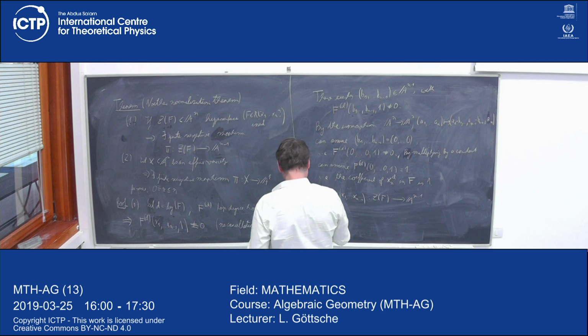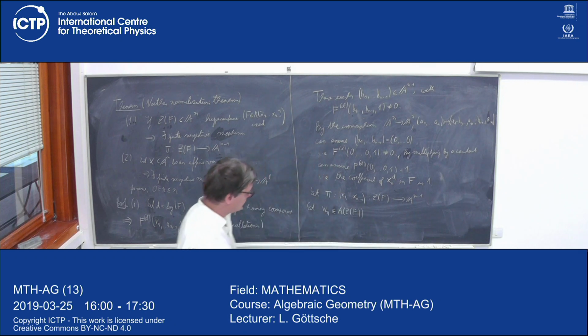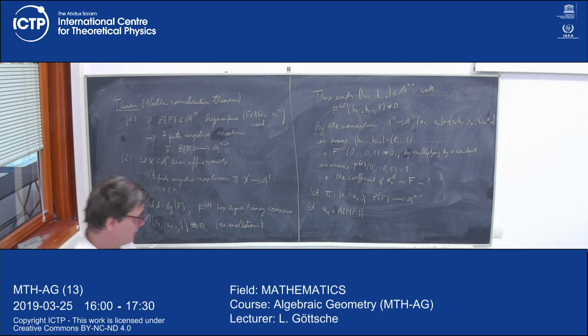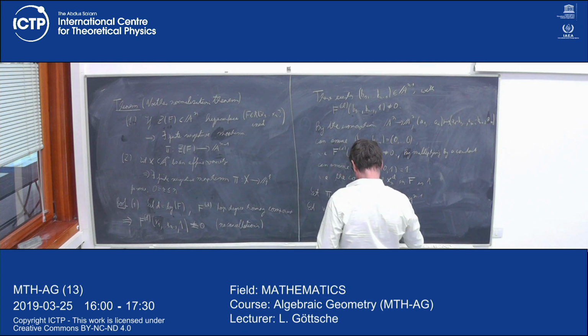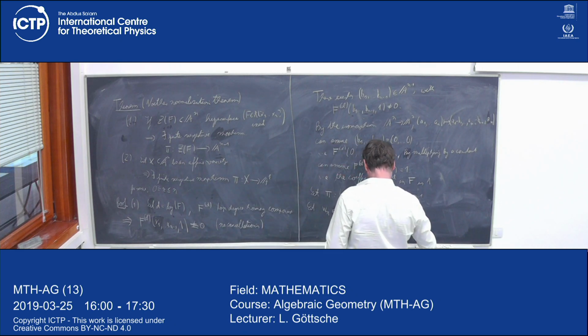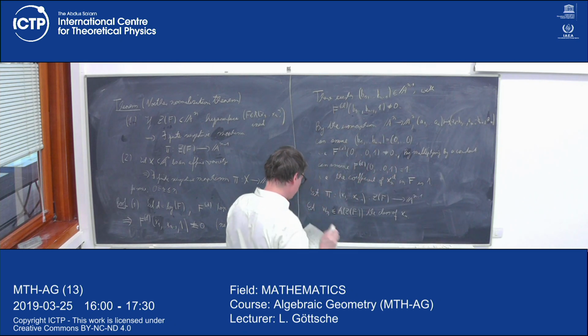So now I write Wn to be the class, so this is an element in the coordinate ring C of f, to be the class of xn. So what do we have?